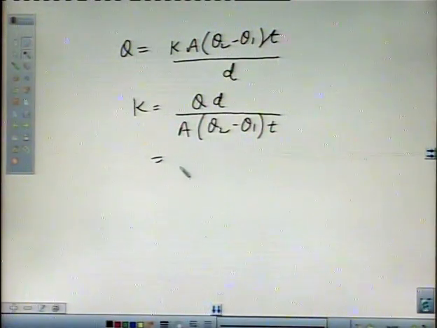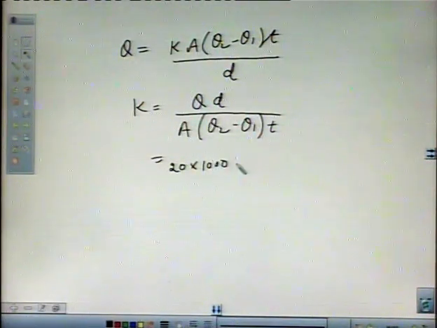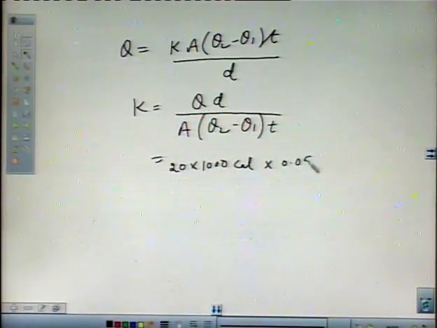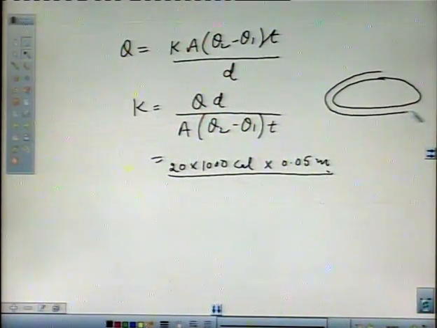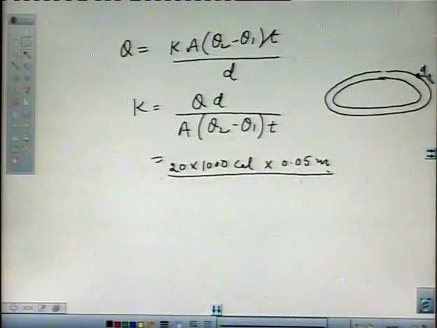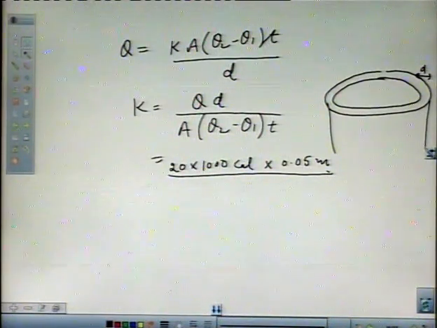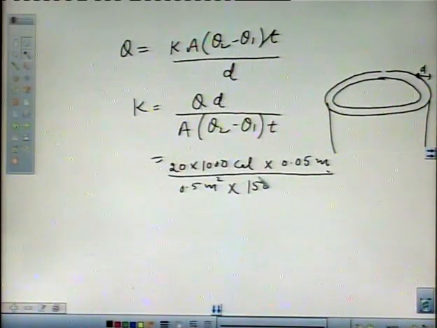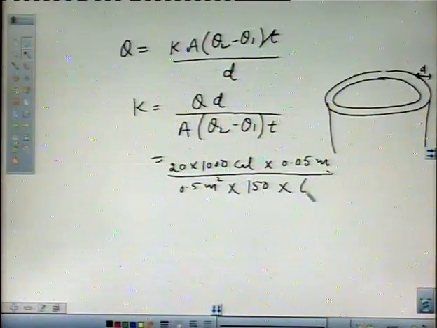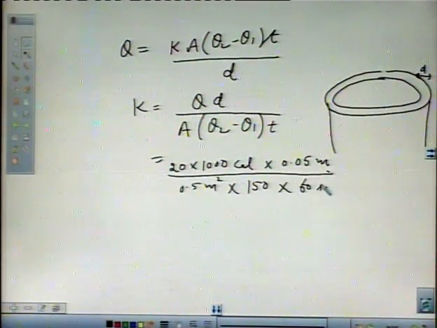Now Q is equal to 20 into 1000 calories. D is equal to 0.05 meter. This is the wire. This is D. Area of cross section is 0.5 meter square and the difference of temperatures theta 2 minus theta 1 is 150 and time is 60 seconds.